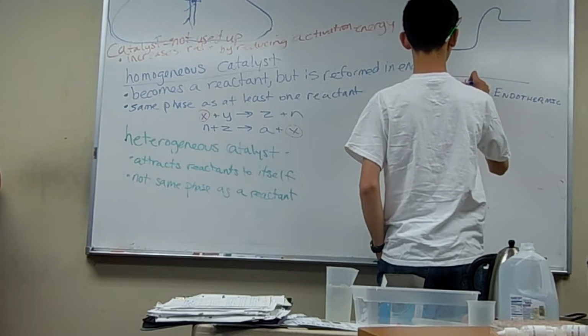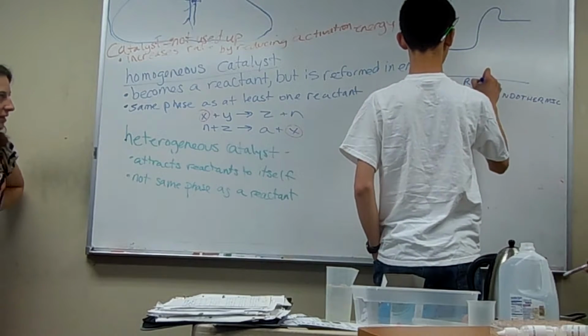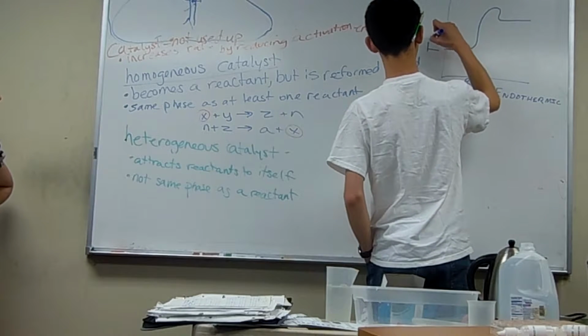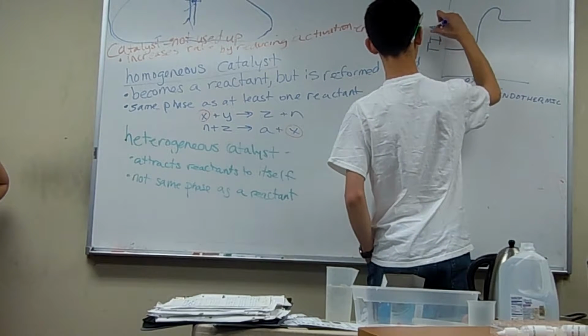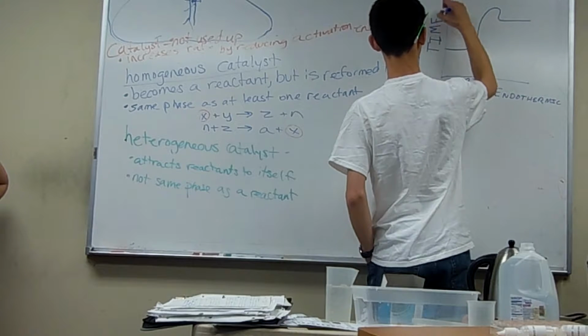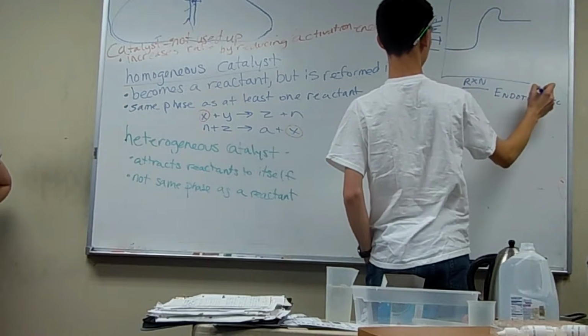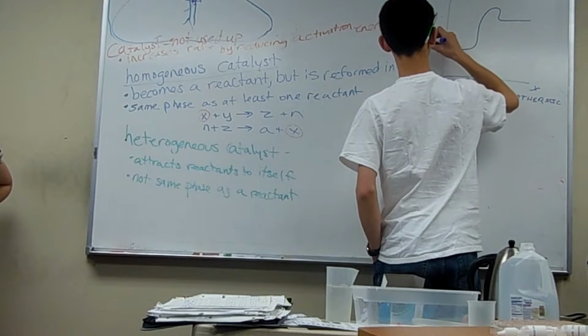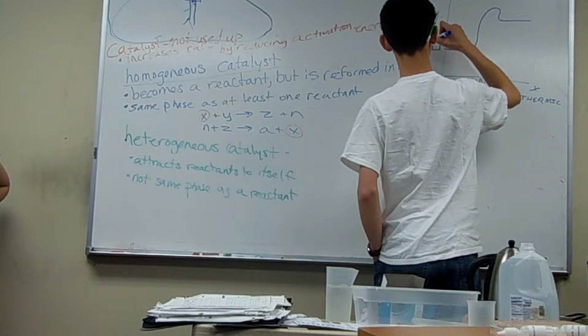Okay, so he's got an endothermic reaction. He labels his axis. Yay. That should be, no, we don't want time, we want enthalpy on that axis. Okay.